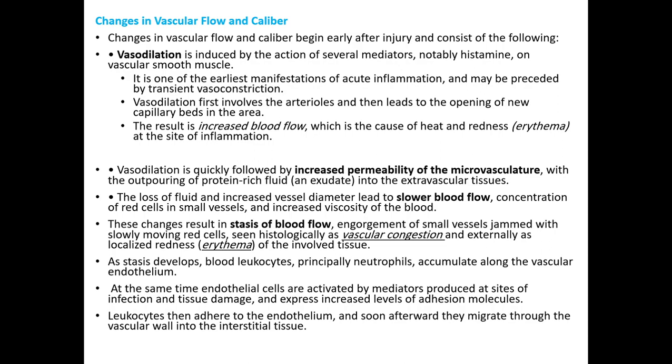This will increase viscosity of the blood. These changes result in stasis of blood flow, engorgement of small vessels jammed with slowly moving red cells, seen histologically as vascular congestion and externally as localized redness, erythema, of the involved tissue.